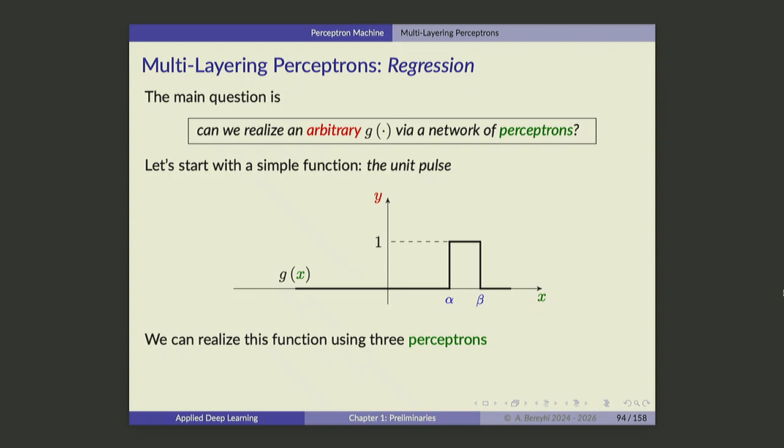I do know x could be very large, but I'm talking about this one. X is 1 dimensional. It's a number that goes inside this pulse function. If x is between alpha and beta, then it's going to give me as the output 1. If it is anything else, it's going to give me 0, right? It's still a classification problem, basically. Everybody's cool? And I can solve this using a perceptron.